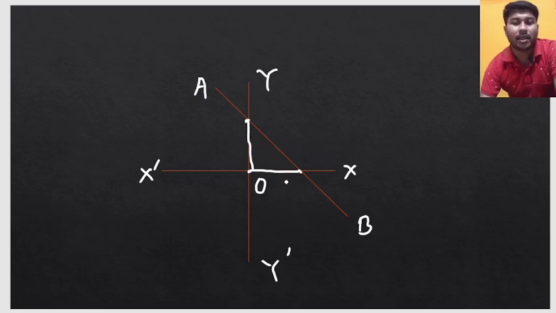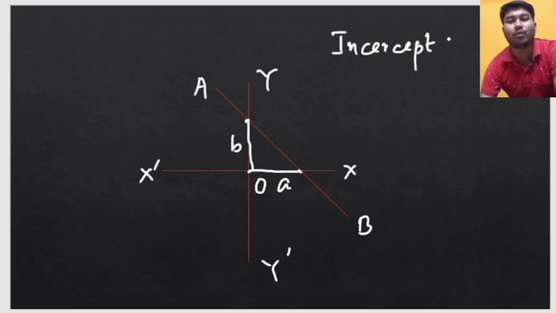Suppose this length is A and this length is B. If the lengths A and B are provided, then we can write down the equation of the line AB in intercept form. In many ways we can write the equation of a straight line, but if a line cuts some portion from x and y, those portions are known as the x intercept and y intercept.